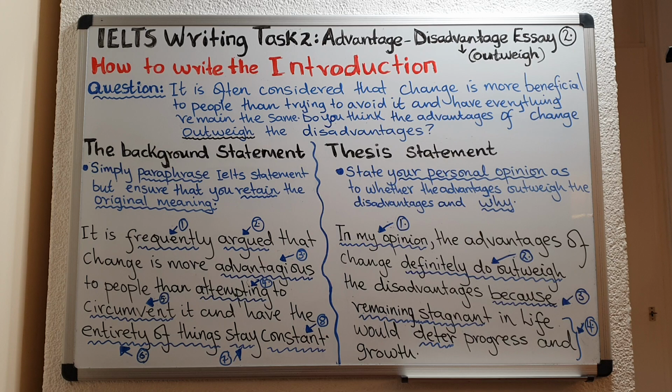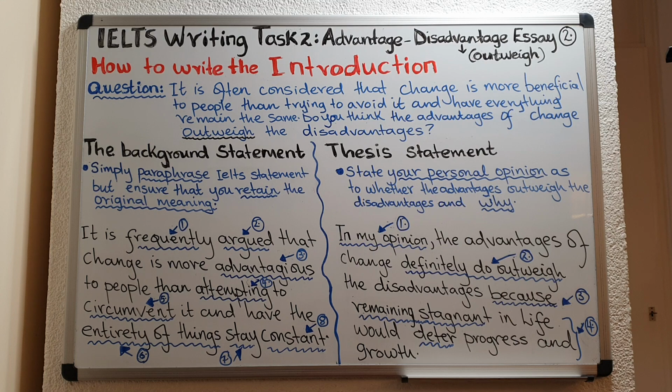Would deter. The word deter means stop. It is just a big word that simply means stop. So remaining stagnant, so remaining the same in life, would stop progress. Progress means development. Okay? So remaining stagnant in life would deter. Deter means stop. It would stop progress and growth.